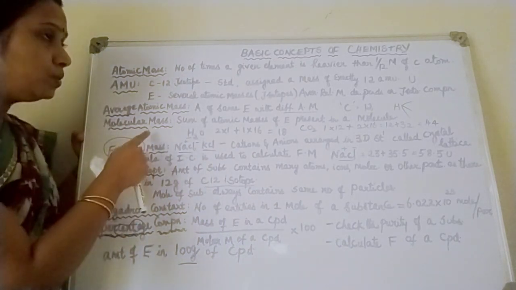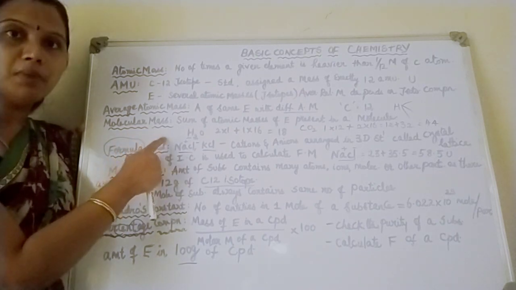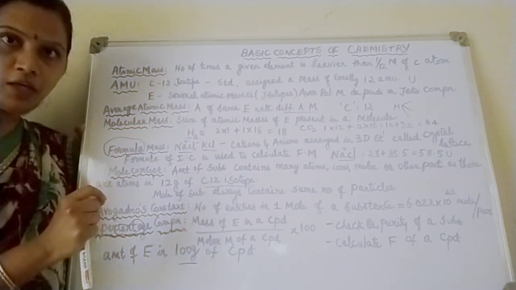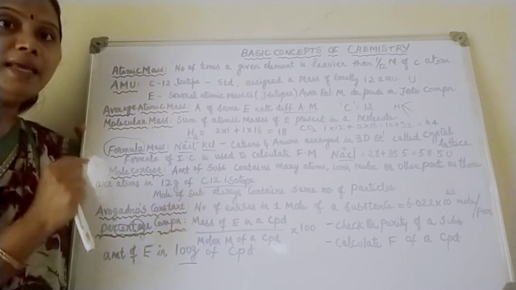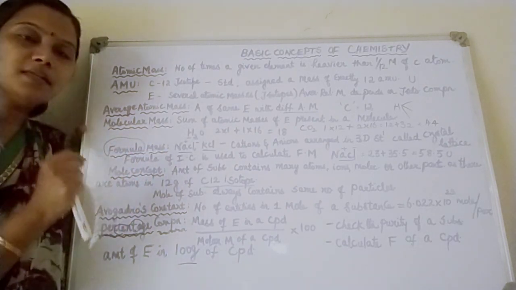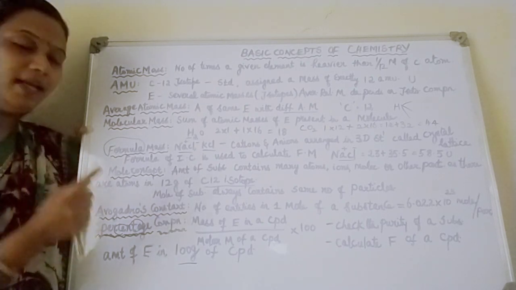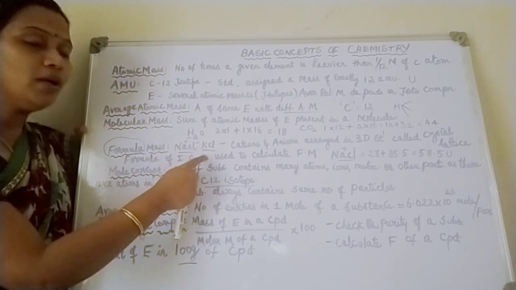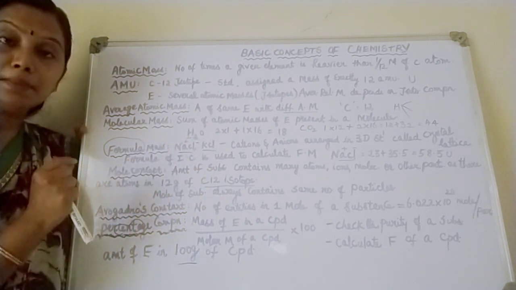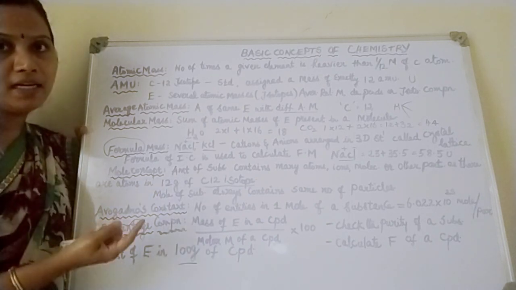Okay. So, not for all the compounds the term molecular mass will be used. For ionic compounds, we are going to replace molecular mass by formula mass. So, formula mass is used to indicate ionic compounds like sodium chloride, potassium chloride, etc. Because ionic compounds dissociate completely to give me positively charged ions and negatively charged ions.